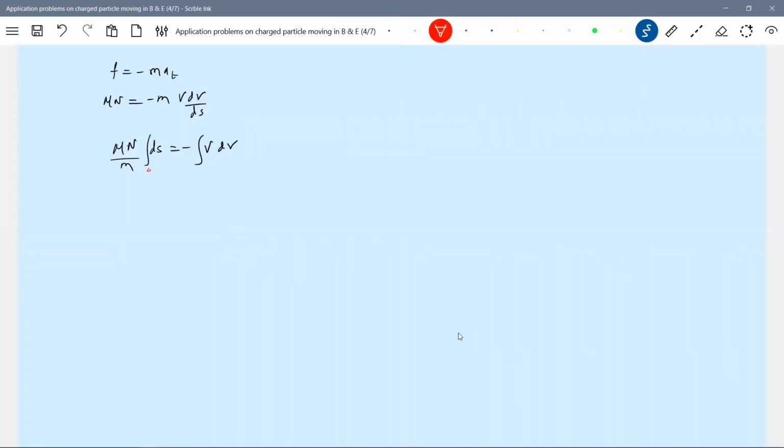Initially, the initial velocity is v naught. Finally, it will come to rest, and the total path length, let me call s. S is not displacement, so I write s only. So this will become mu N s equal to m v square by 2 from v naught to 0.